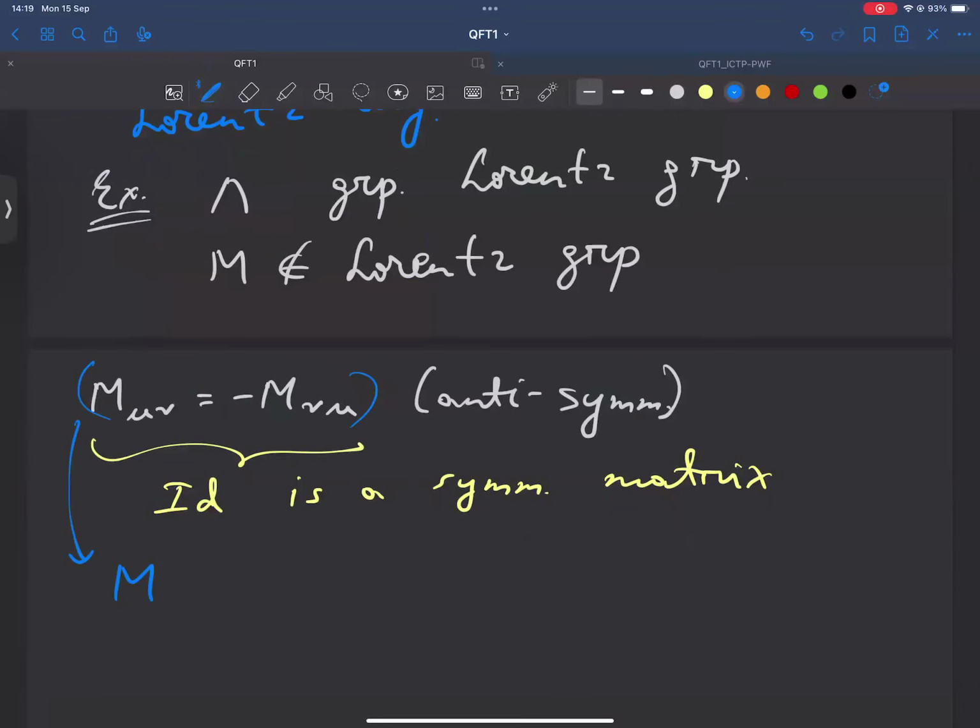So these M's are elements of the Lorentz algebra, the Lie algebra, which is a vector space equipped with a commutator.